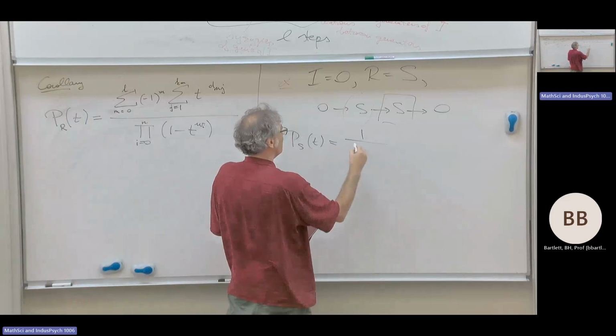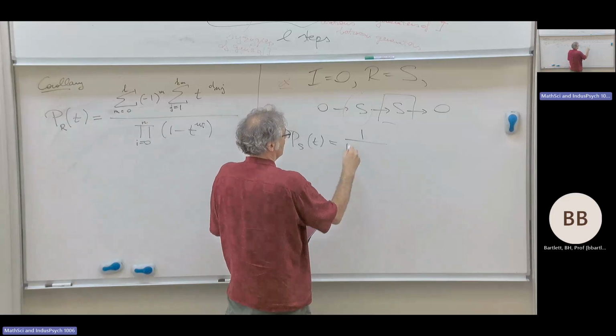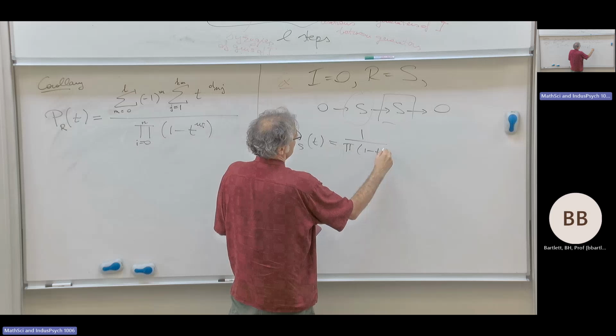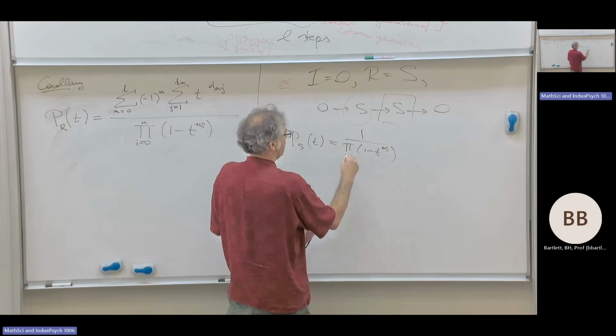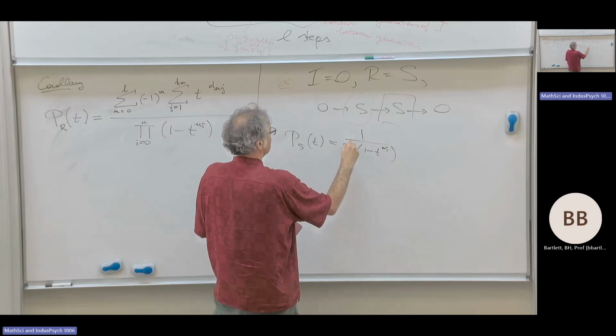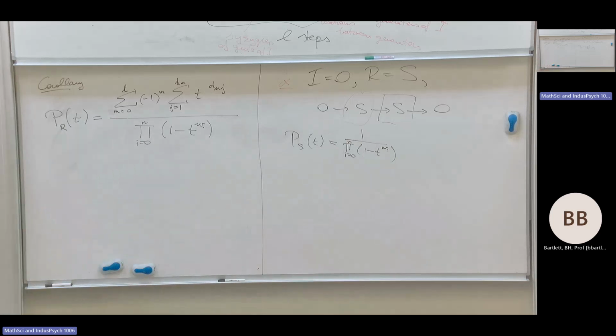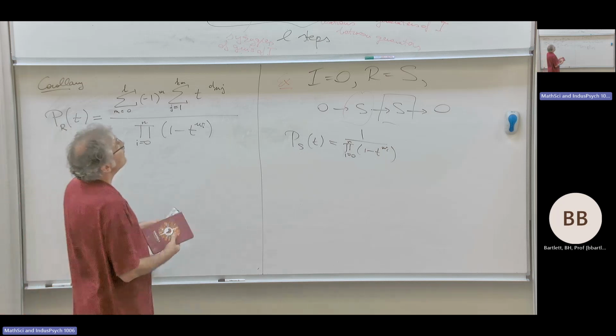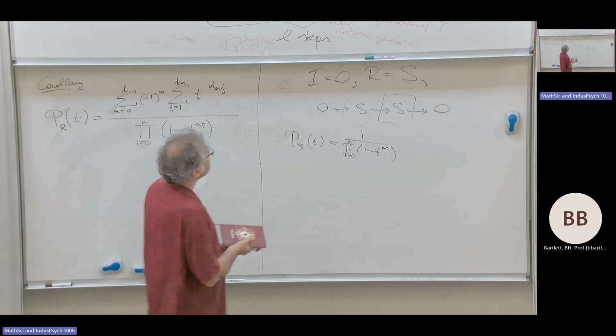So this is just 1 over the product of 1 minus t to the w_i. So that's one example. Those d's are coming from the resolution.